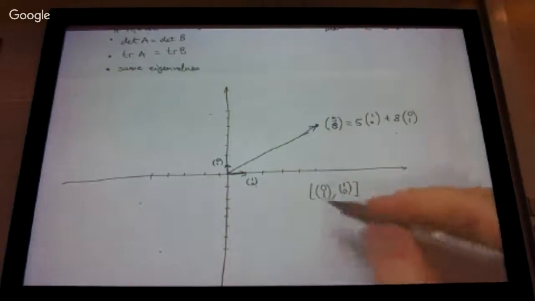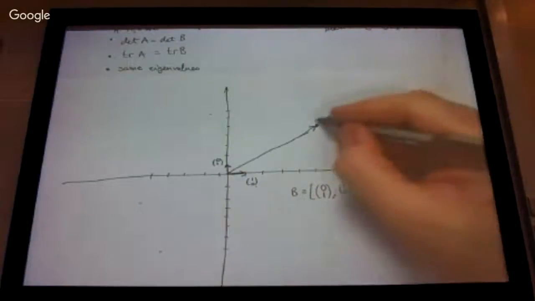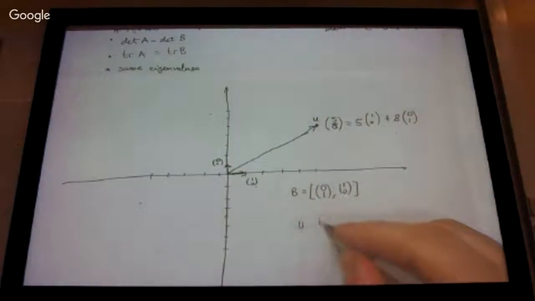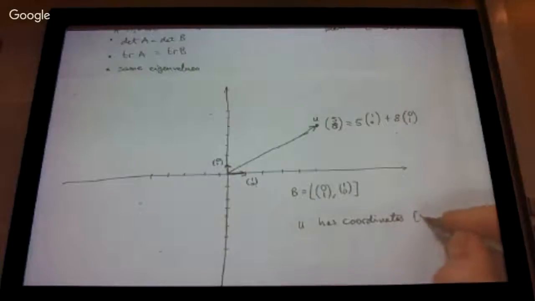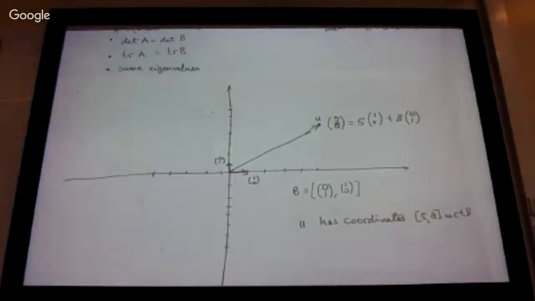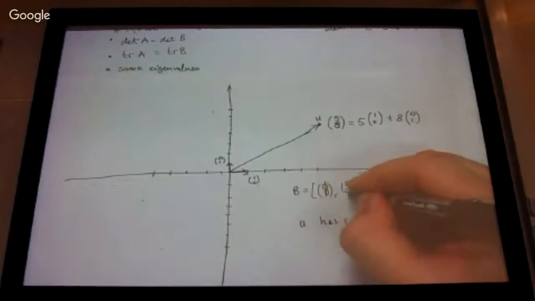And then this is a basis. And then this vector u has coordinates 5, 8 with respect to b. Because it's 5 times the first thing, no. I wrote them wrong. It should have been 1, 0, 0, 1.